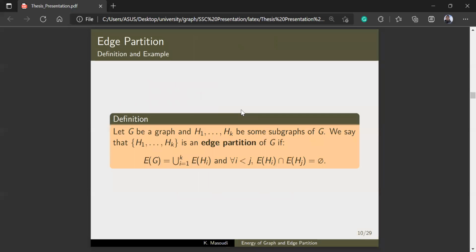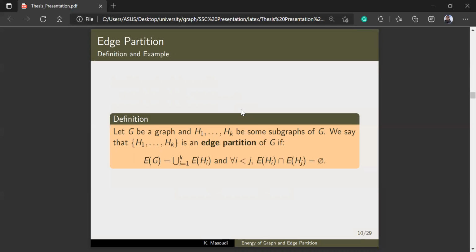Here we have another simple definition. Let G be a graph, and H1 to Hk be some subgraphs of G. We say that H1 to Hk is an H partition of G if both of the following hold.